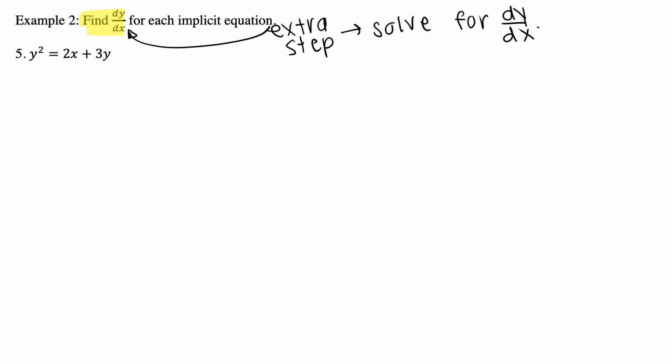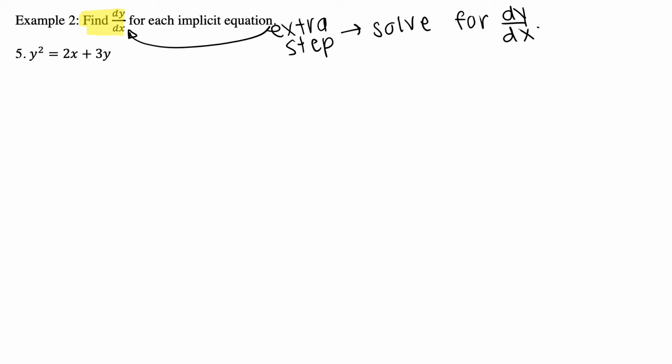For number 5, we have y squared plus 2 equals 2x plus 3y. Clearly not an explicitly defined equation because we have y's on both sides of our equal sign. So we're going to differentiate implicitly. So I'm going to differentiate with respect to x on my left-hand side.